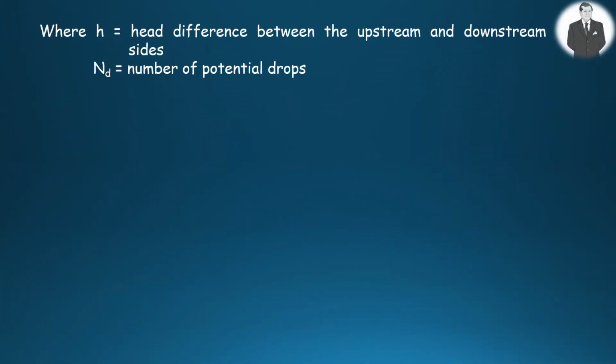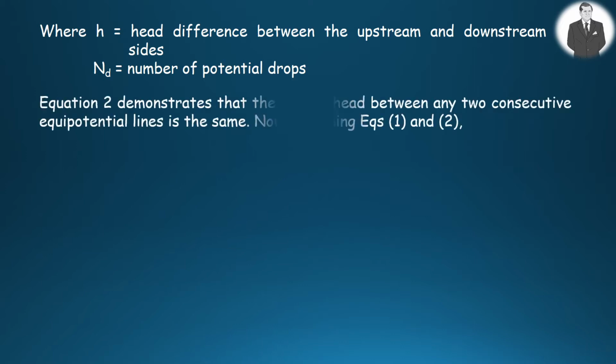In the equation, small h is the head difference between the upstream and downstream sides, and ND is the number of potential drops. Equation 2 shows that the loss of head between any two successive equipotential lines is the same.